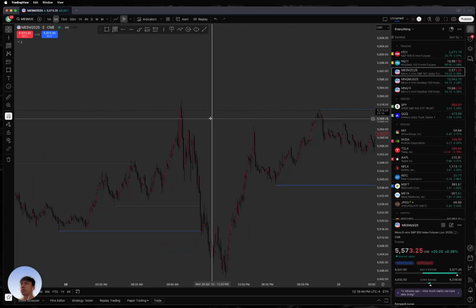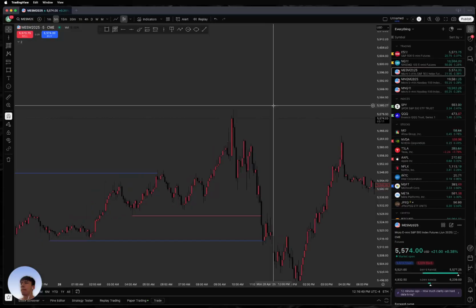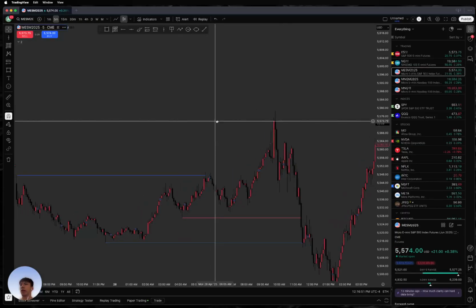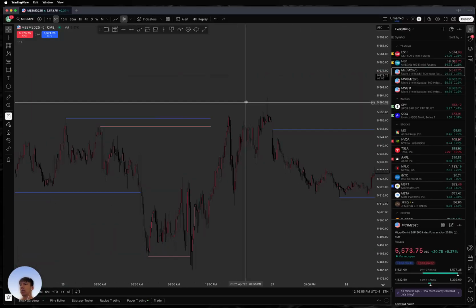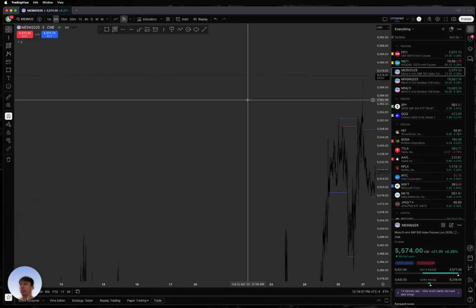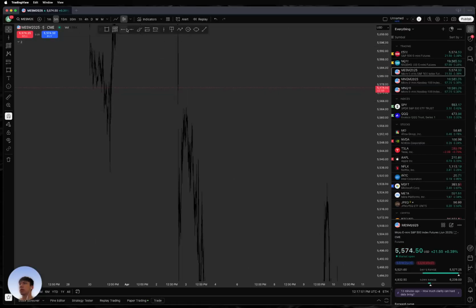Where was yesterday's trade? This was yesterday's trade. Okay, so remember how we had a pretty high high that we used as a key level to sweep? Is this it right here?